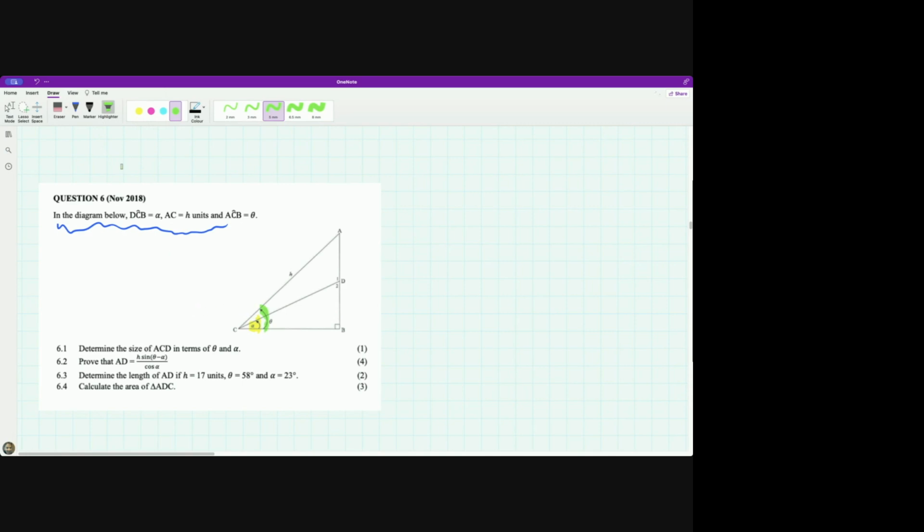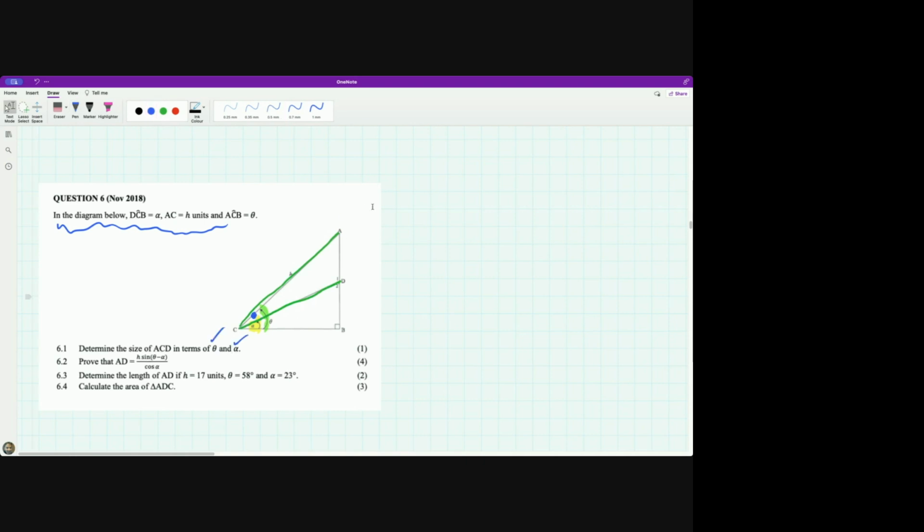It says, write down the angle ACD in terms of... So what is ACD? There's ACD. So basically the green angle is ACD, but it says write down, oh no, I lie. I'm telling a lie. Sorry, everyone. ACD is actually the angle that goes like that. And they want you to write down what this angle is in terms of theta and alpha.